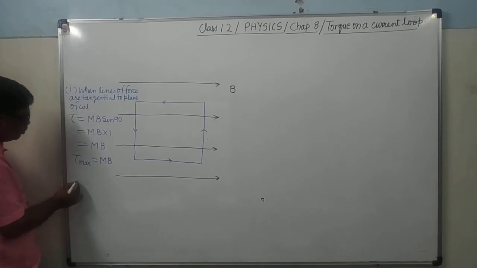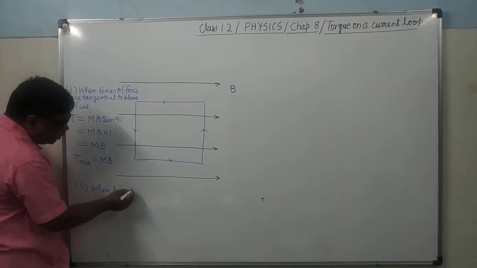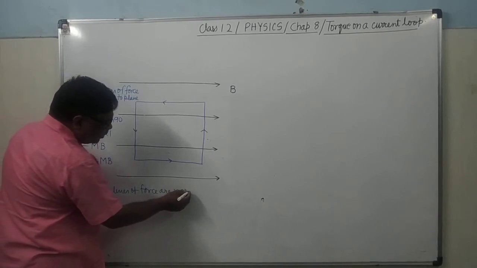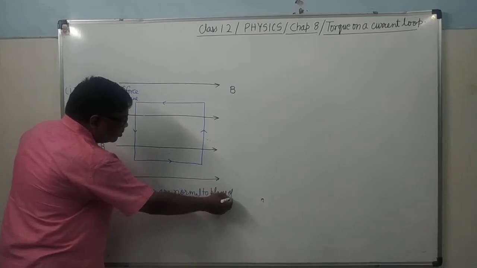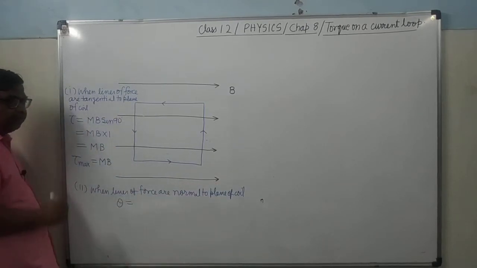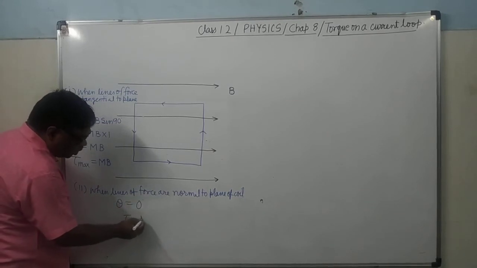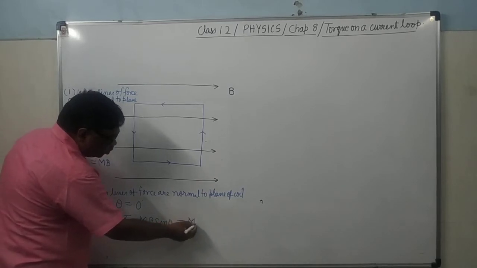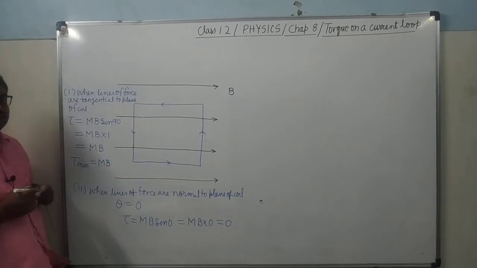Now the second case, when lines of force are normal to the plane of coil. In that case, theta, which is the angle between vector M and vector B, will be 0 degrees. Tau equals MB sine 0 degrees. Sine 0 degrees equals 0, so the torque will become 0. It is clear.